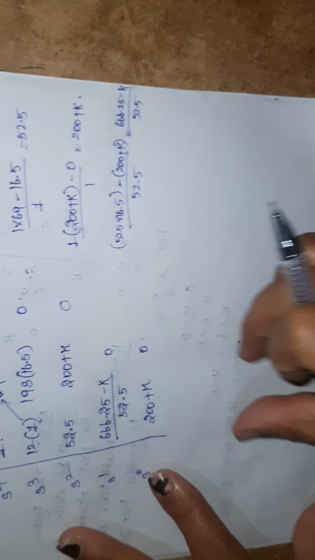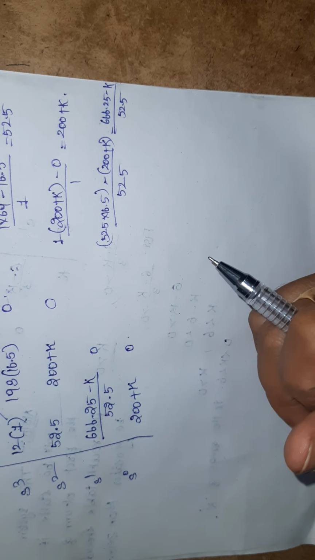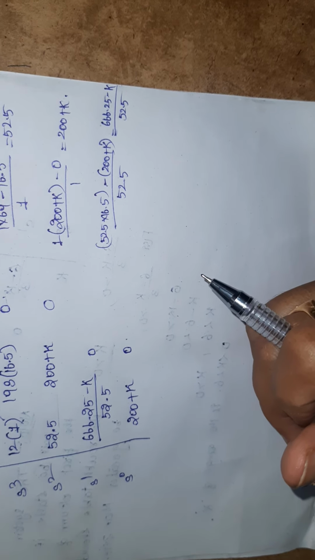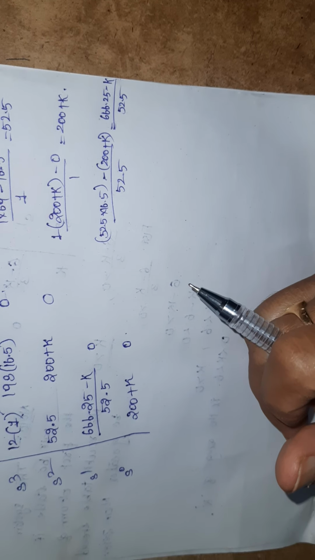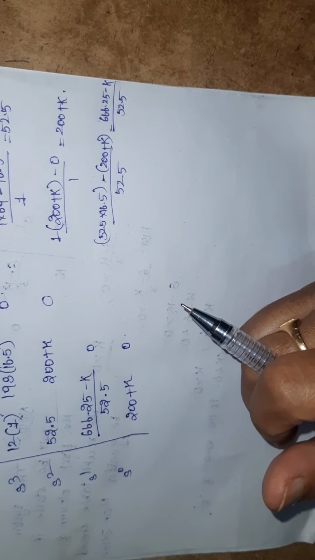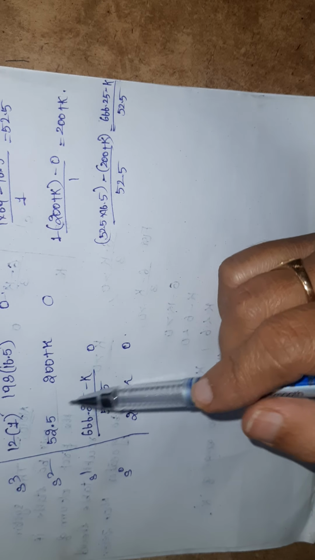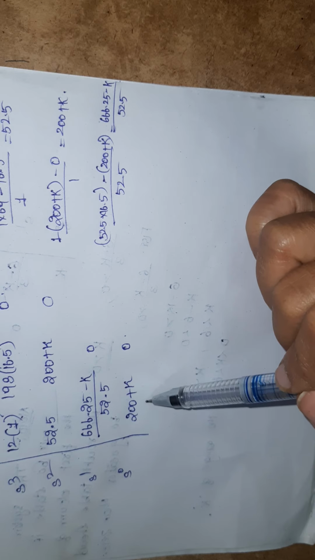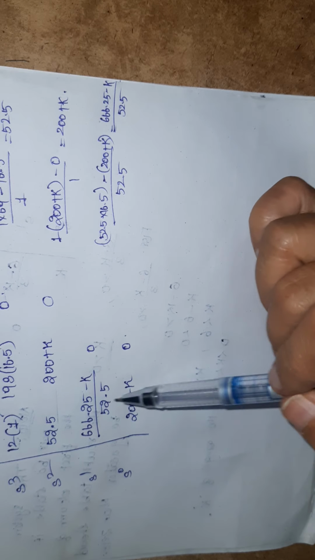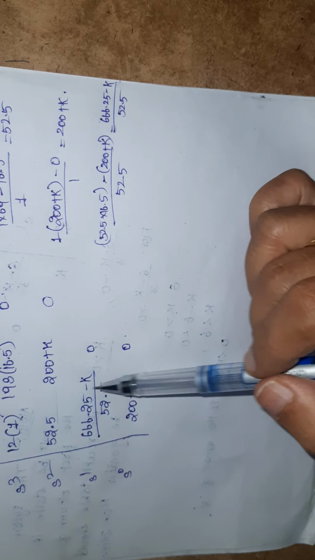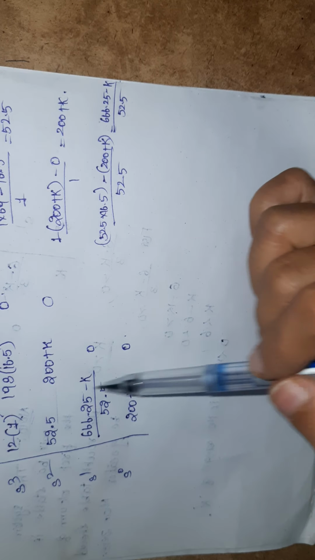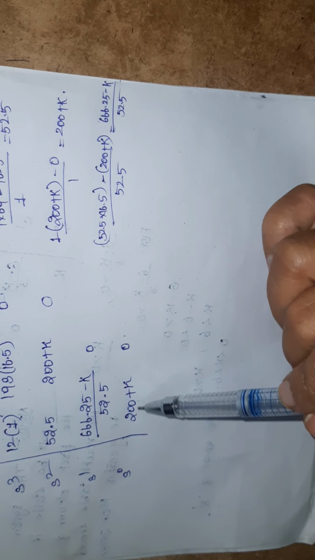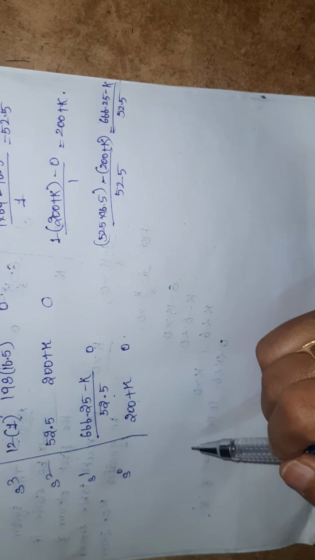Okay, after construction of the RH table, for the system to be stable, we have to see the sign change in the first column. But we can't say the sign changes right now because the sign changes depend upon the value of k. So for the system to be stable, the first column of the table should be greater than 0.